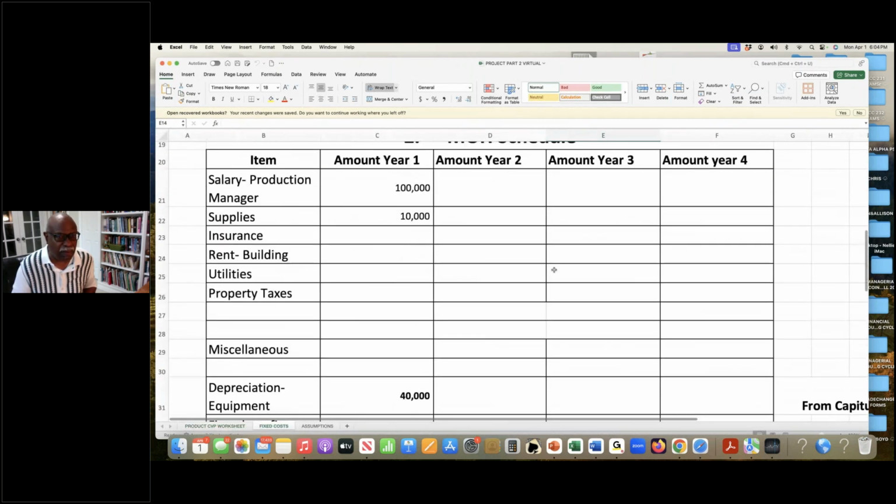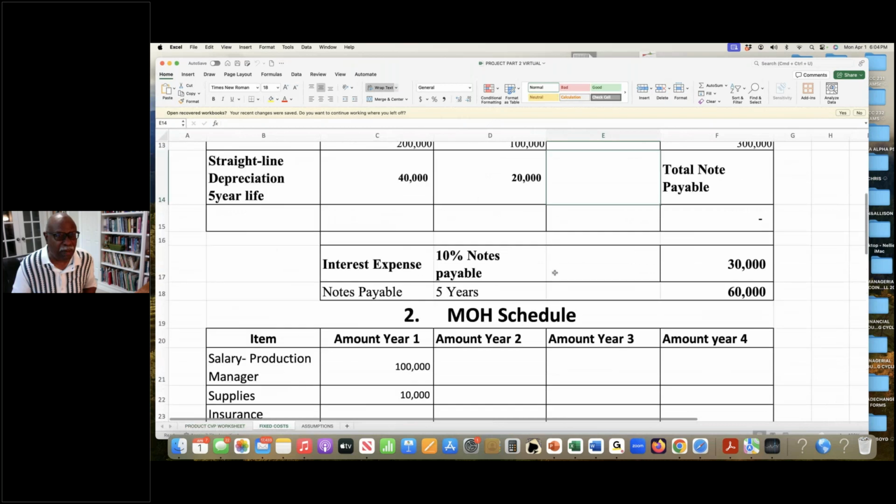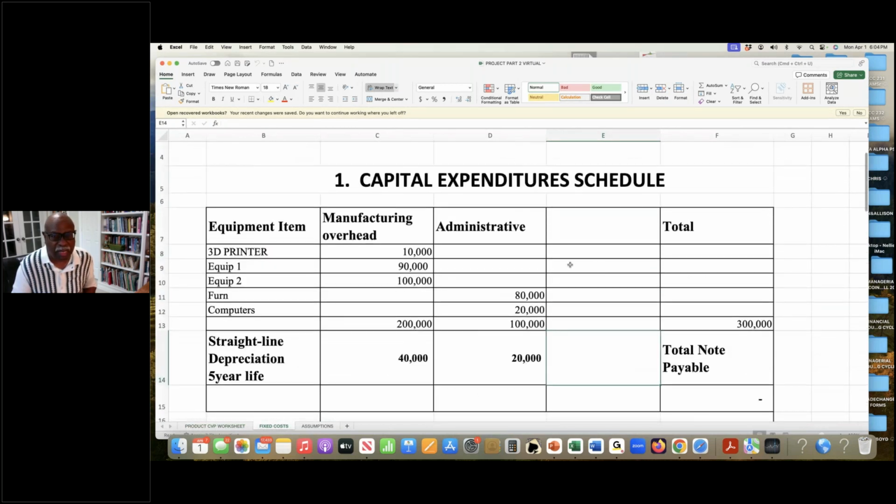Fixed costs, this is just an example of what it can look like. First of all, you need a capital expenditure budget, which lays out the equipment that you're going to buy for your business. And once you get that, you separate the cost between those that are used in manufacturing and those that are administrative.